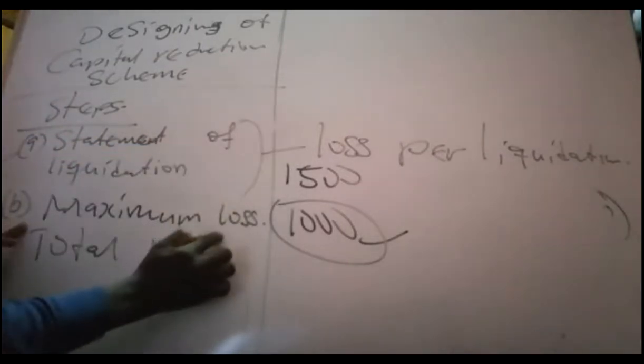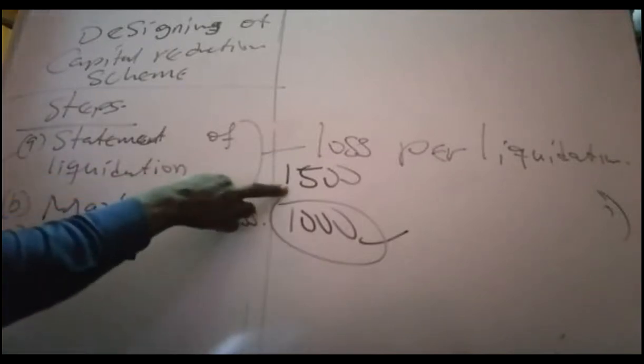If you compare the position upon liquidation to that of position upon the reconstruction, compare the losses, you are done. So that is the first two steps. If the loss per reconstruction is cheaper, it's far, far better. They should go ahead with the reconstruction.